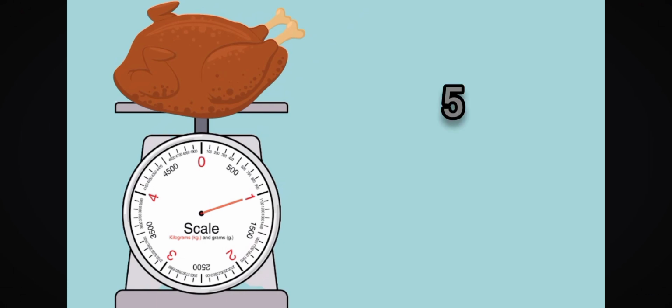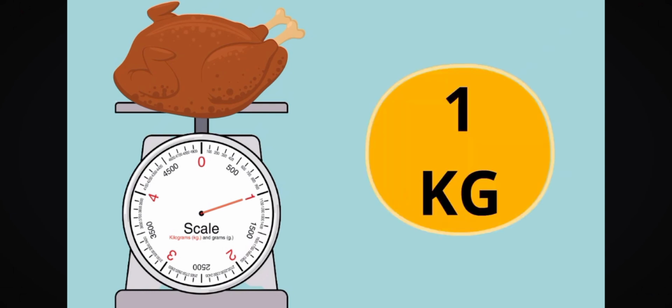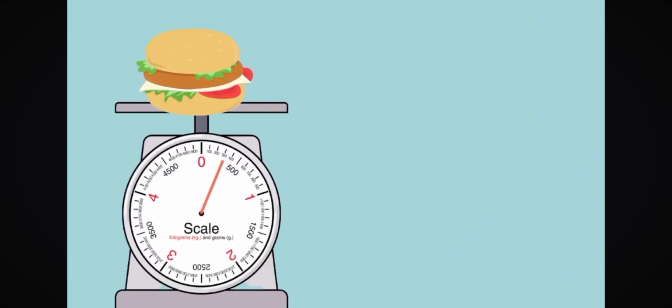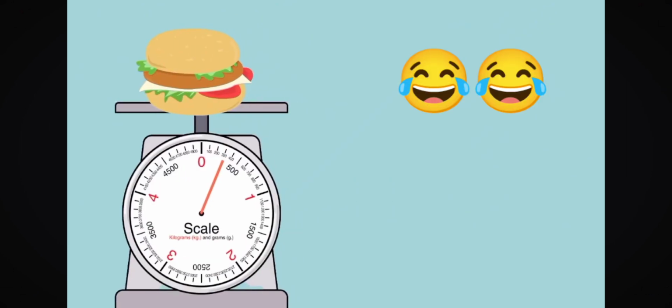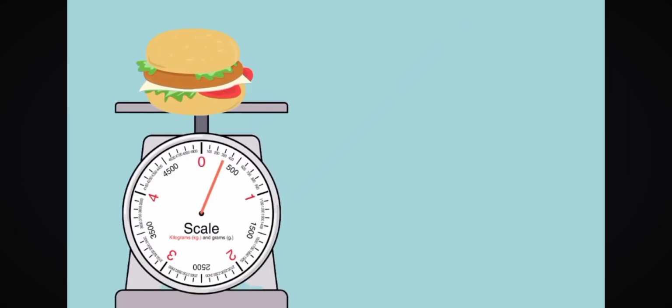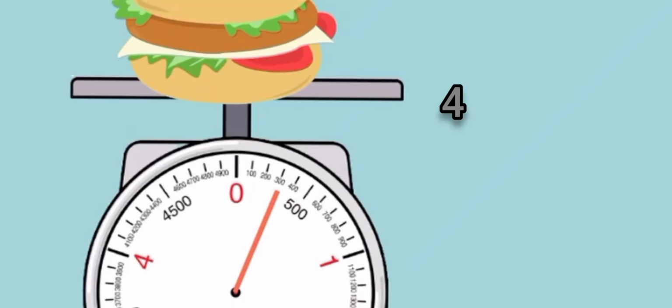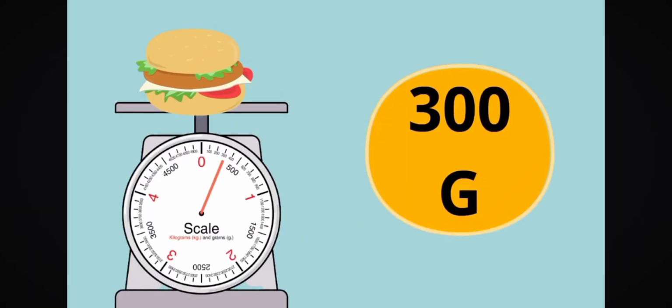How much does it weigh? If you said 1 kilogram, you're correct. Next up is Burger King. What do you think is the weight of this piece of burger? If you said 300 grams, well done.